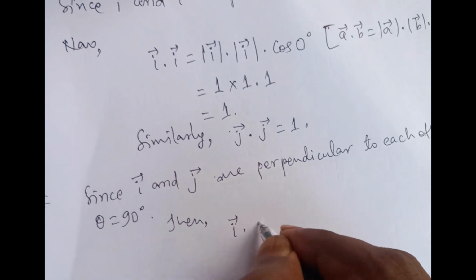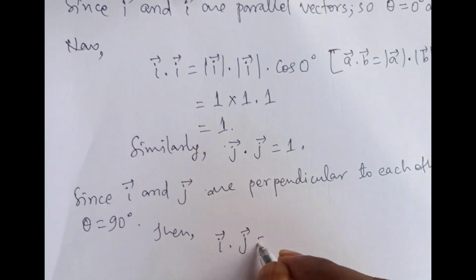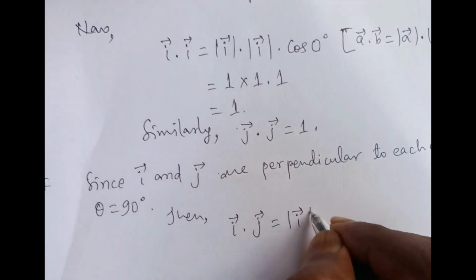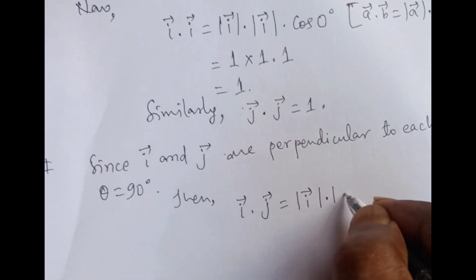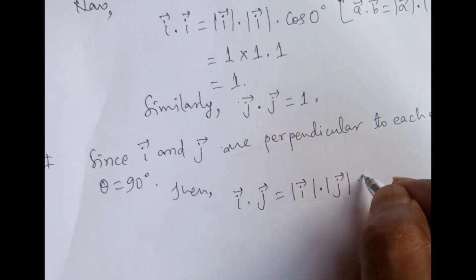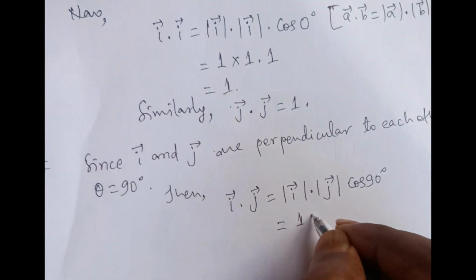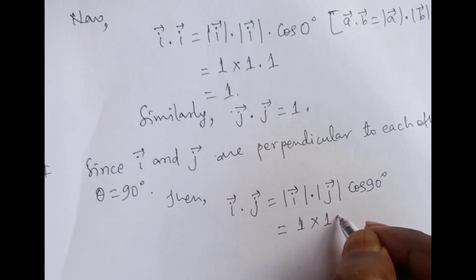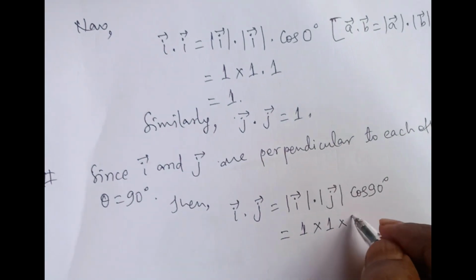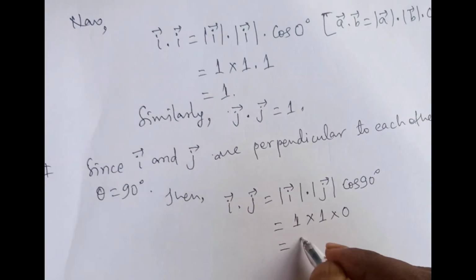Then i vector dot j vector is equal to modulus of i vector times modulus of j vector times cos of the angle between them, which is 90 degrees. The modulus of each is 1, and cos 90 degrees is equal to 0, so we get 0.